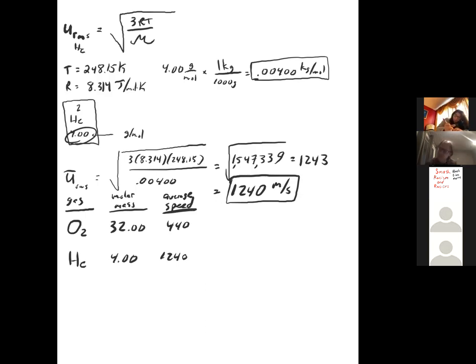I know it's just 2 gases, but the pattern generally holds. Oxygen is heavier than helium. It weighs more. It goes slower on average than helium. Okay, so in other words, the heavier a gas is, the slower on average its molecules move. The lighter a gas is, on average, the faster it moves.